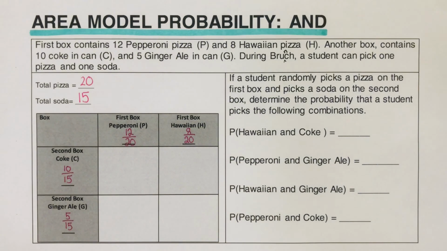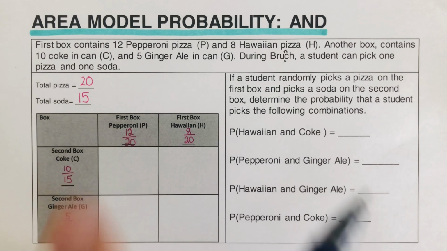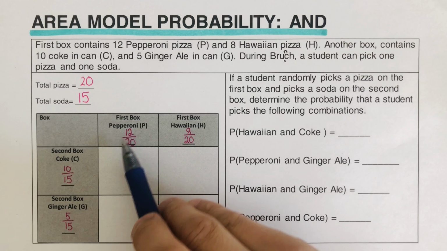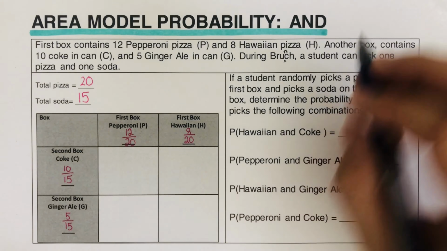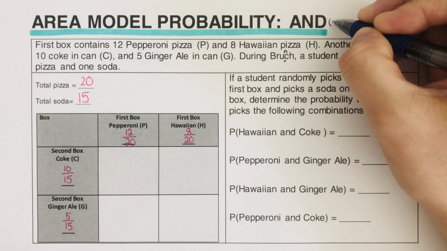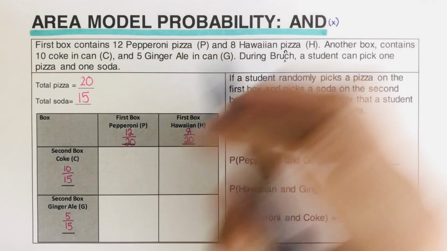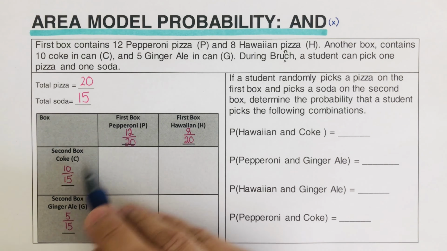Now here's the deal. All of these 4 when added together is also 1 again, because the total probability would always be 1. So let's show the work for what to fill in here. Area model means we are going to multiply these two, because the word and means we multiply. So we're multiplying the probability of these two events.